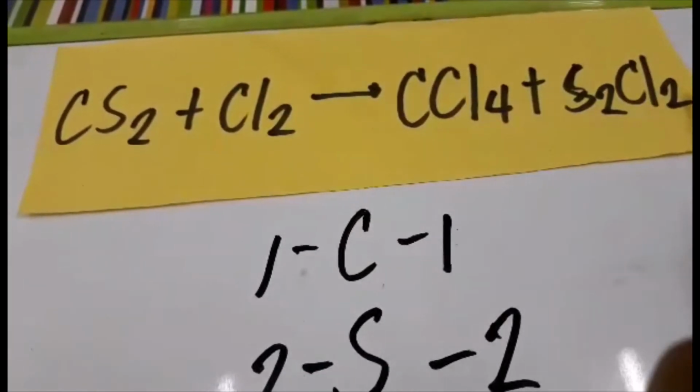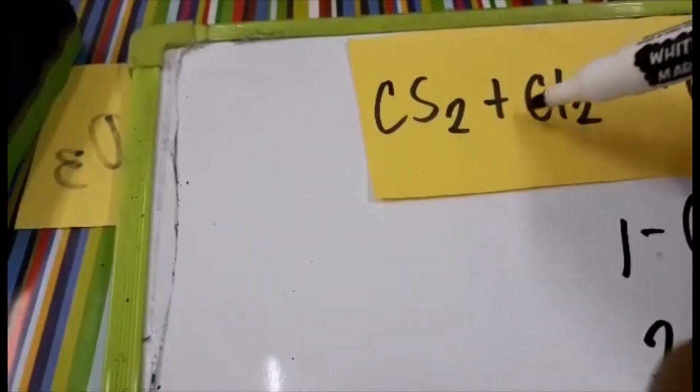For the product, carbon is 1, sulfur is 2, and chlorine is 6. So we have here 4 plus 2 for chlorine, that is 6. So very basic. What are you going to do? Here is where we're going to add our coefficient number.